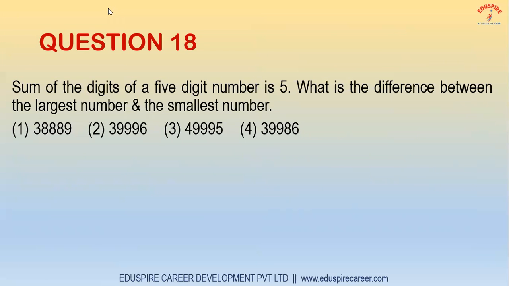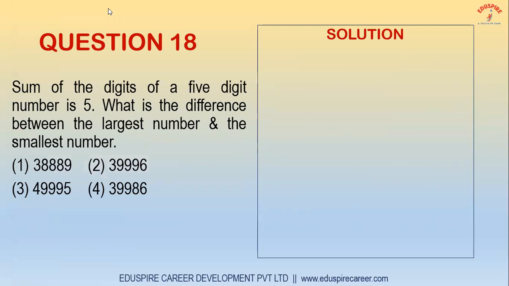Now in this case, we are talking about a 5-digit number. So you see, the largest number where the summation of digits is 5 has to start with 5, and all other digits can be minimized, that is, zeros. For the smallest number, the leftmost digit must be 1. You see, the leftmost digit cannot be 0, otherwise it will not remain a 5-digit number.